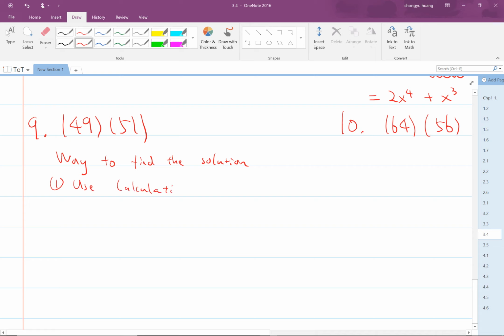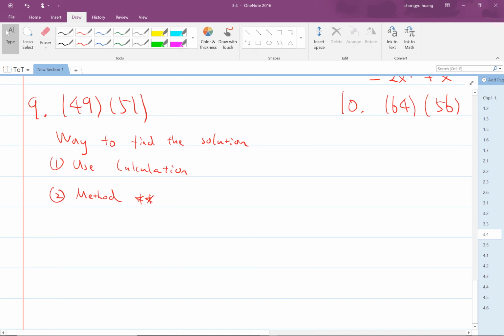But actually, I'm going to tell you one method to solve this question really easily. Before I tell you this method, I want to recall one of the properties first.